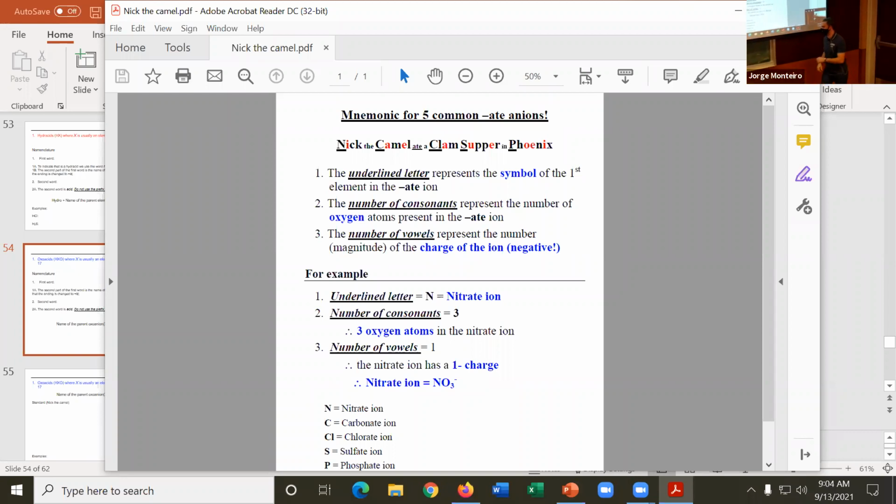So starting with the first word, the underlined letter is for nitrogen. The number of consonants represents the number of oxygen atoms present in the oxoanion. So for this word, we have 3 consonants. So therefore, NO3.